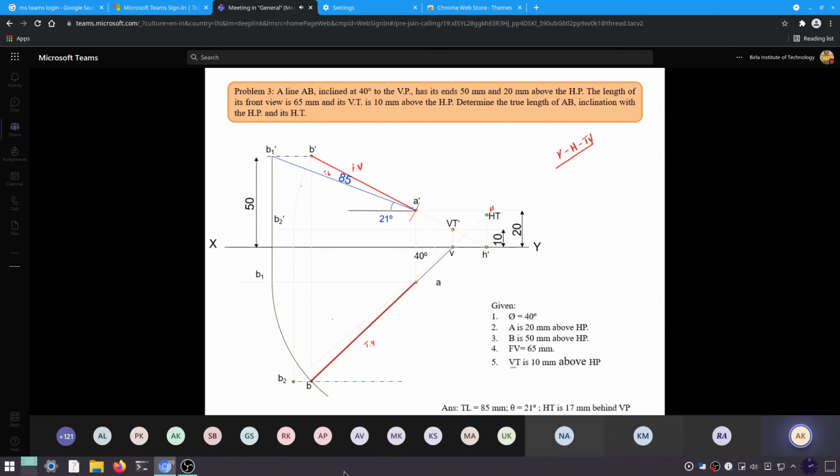So you got the steps? Yes, sir. Do you have any doubt in this? Sir, can you please explain after the arc that you took, VT dash and V dash? So first you see one figure.